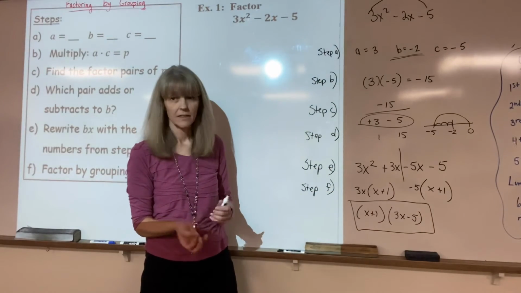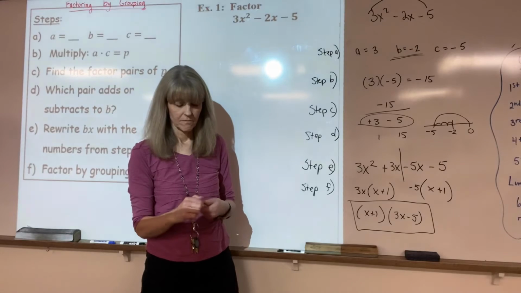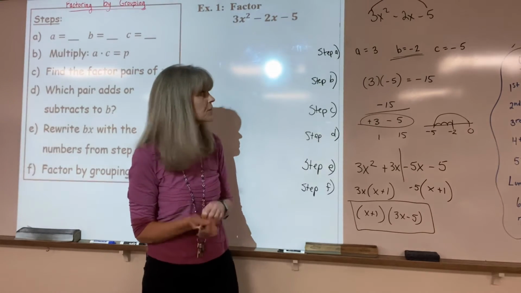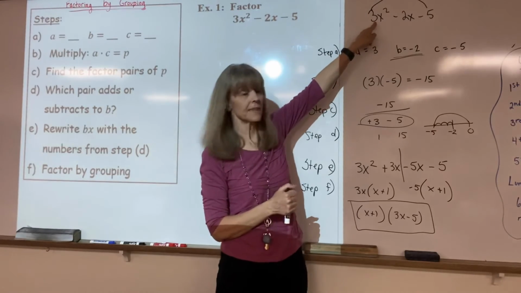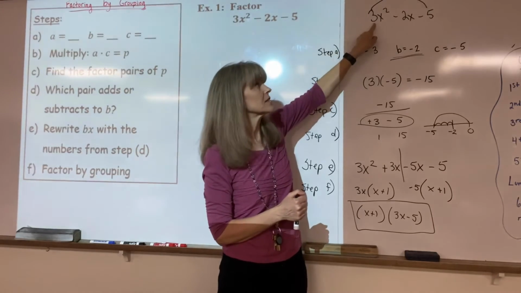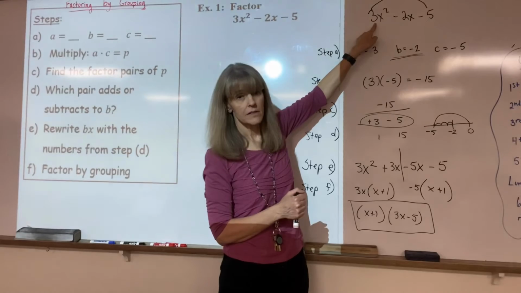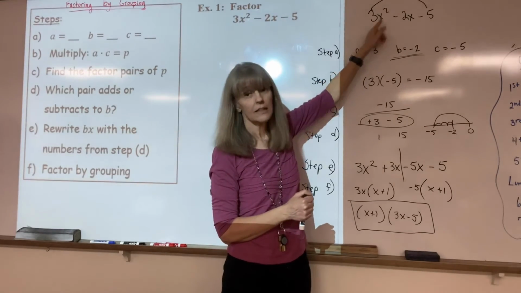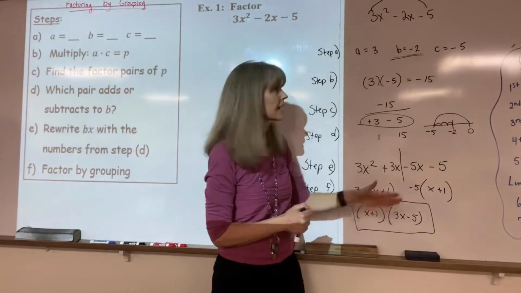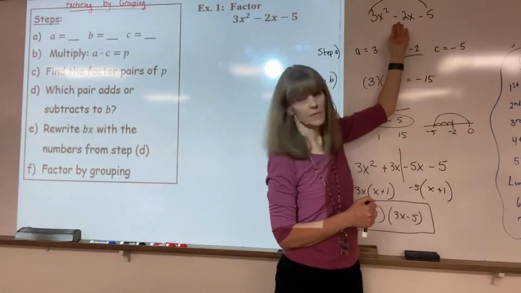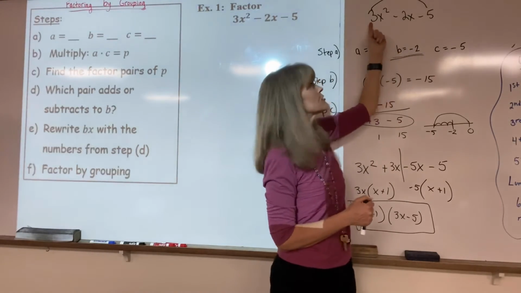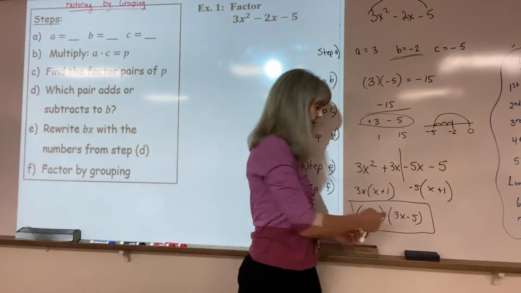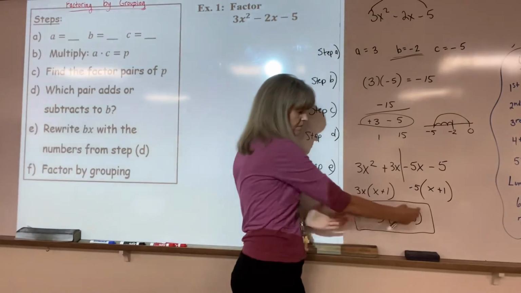So do we only do those when our whole number can't go into the x? Good question. So when in the world do we do this? We do this anytime that leading coefficient is not a 1. So if you have a number besides 1 with the x squared, you have to do that. You can't just say, what multiplies to 5 and adds up to 2? Because this 3 here throws everything off when I'm distributing and multiplying.